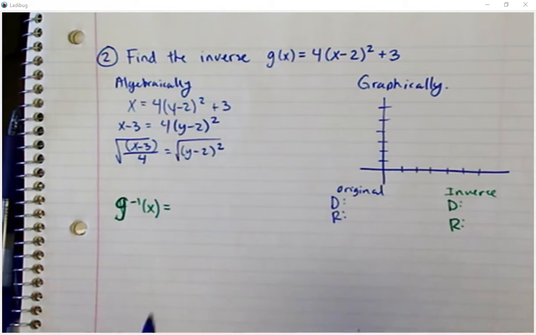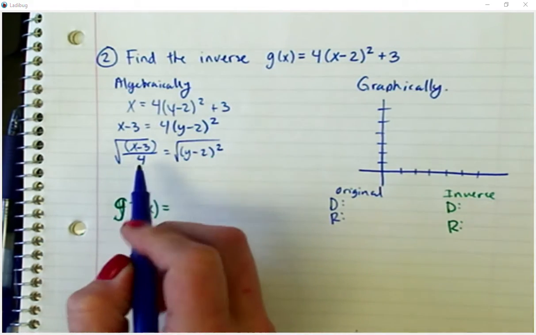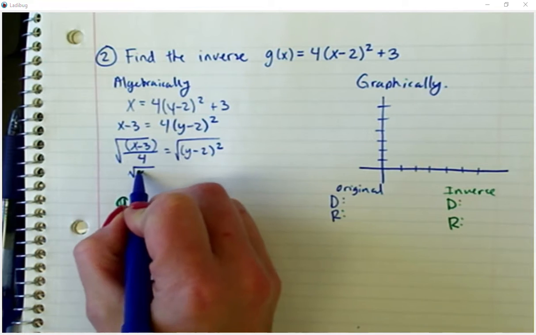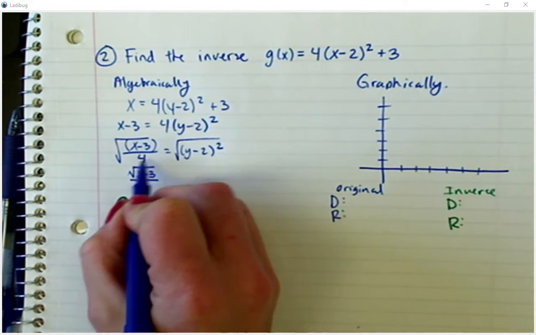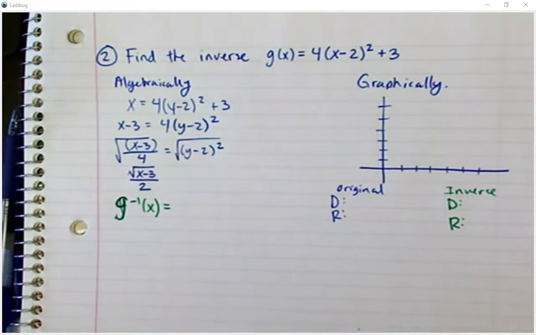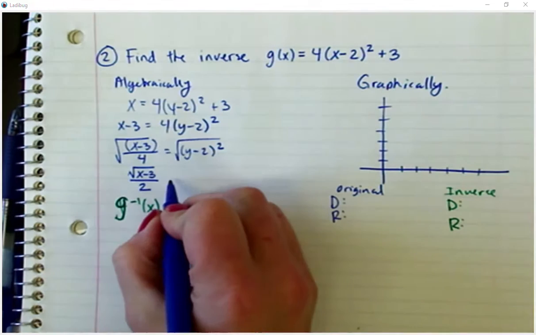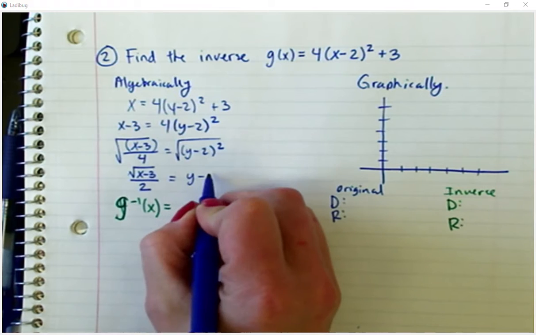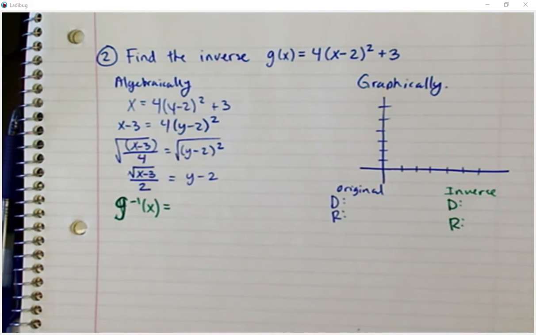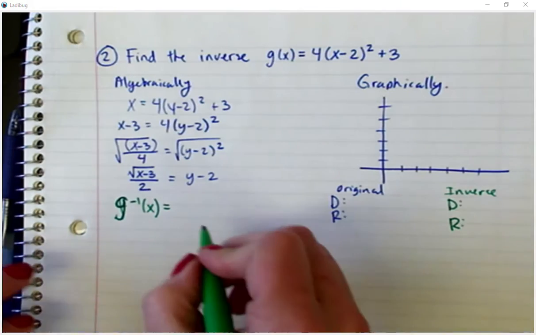Okay, do you have any perfect squares right here? Yeah, the 4. So you're going to get root x minus 3 over 2. It's a perfect square. Okay, equals y minus 2. Okay, and then I would add 2 over, and that would give me the inverse.